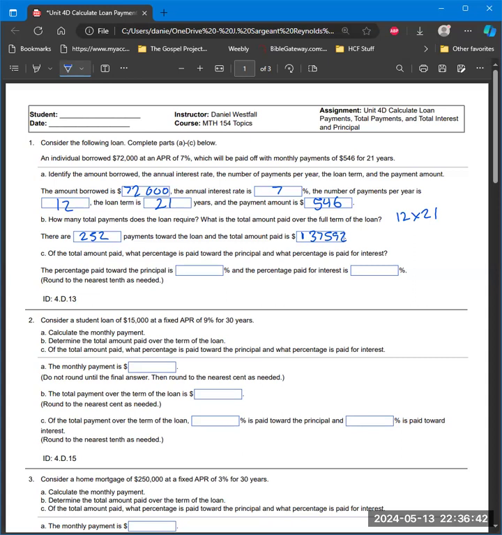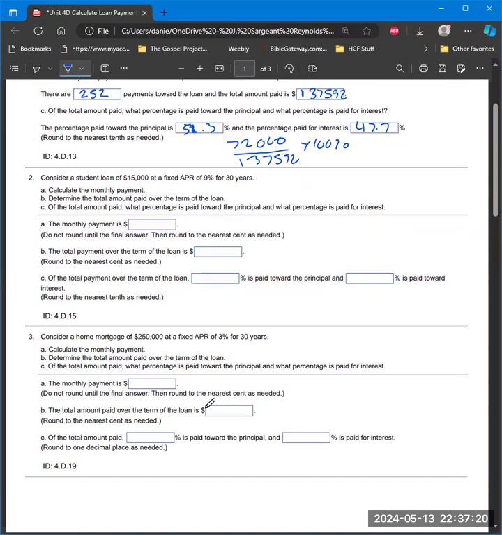So let's take the 72,000 divided by 137,592 and multiply by 100%. 72,000 divided by 137,592 times 100%, and we get 52.3% going towards the principal, leaving us with 47.7% going to interest here. So the bank is making a lot of money off of us in this situation.